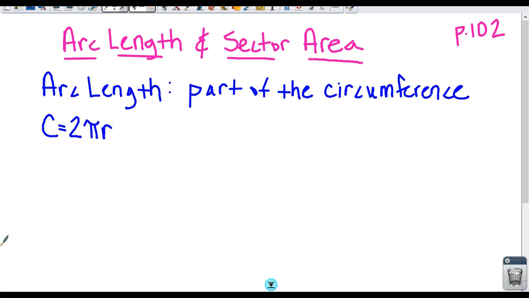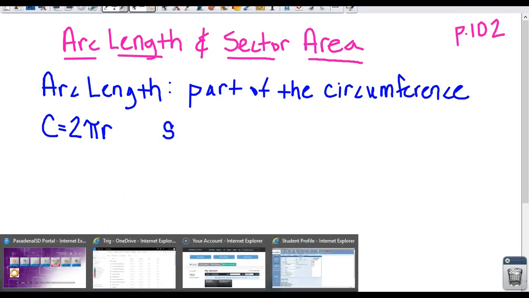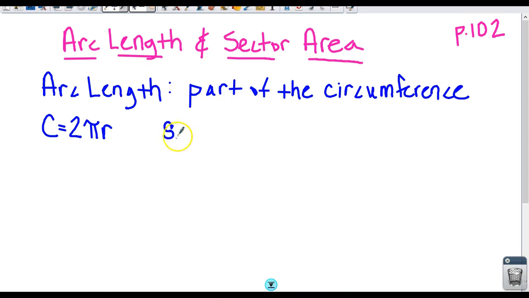The other things that we're going to need to use is what actually represents arc length, and that is a lowercase s. I don't know why it's an s, but it's an s. Okay? Because there's lots of reasons why it shouldn't be an L, but it's an S. So this is the arc length.